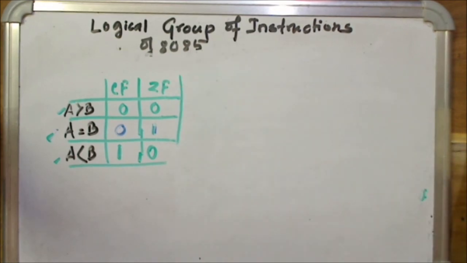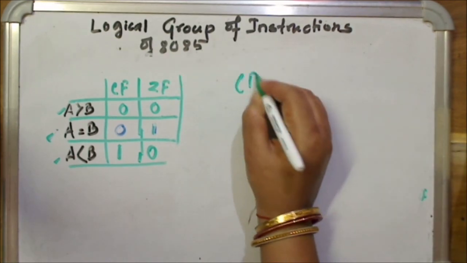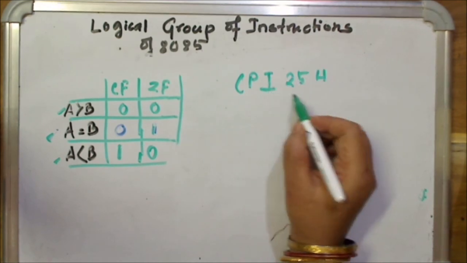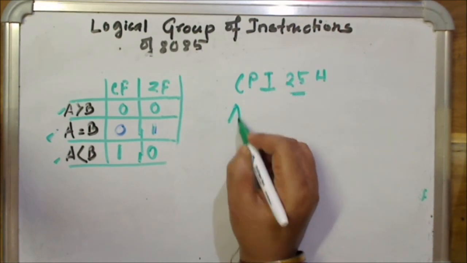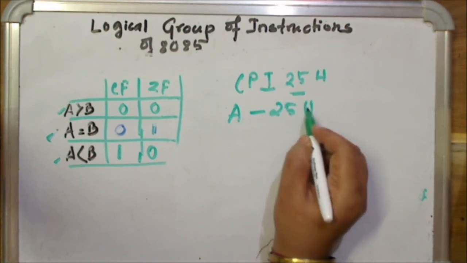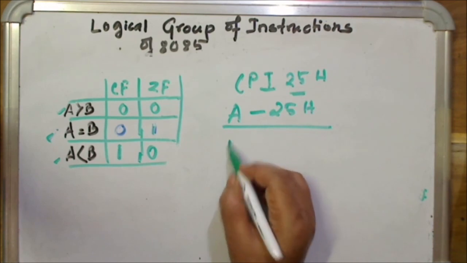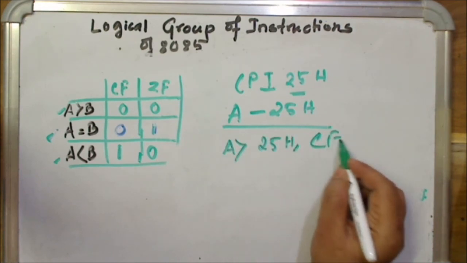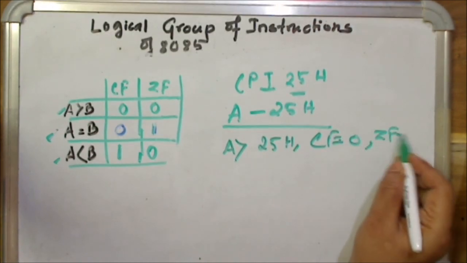Then we have another instruction, CPI, any 8-bit data. Since I is there, 25H is the data. So it will compare A with the 8-bit data given in the instruction. If A is greater than 25H, then carry flag will be 0, zero flag will be 0.